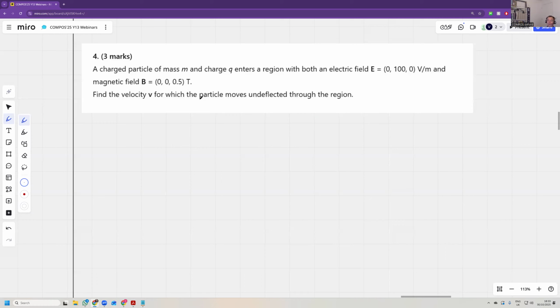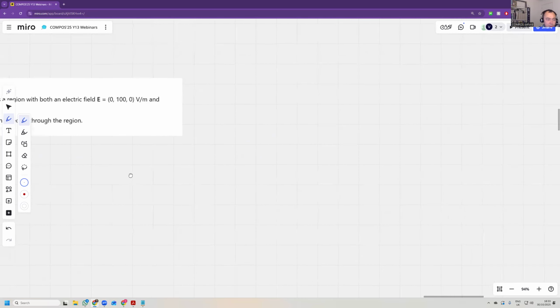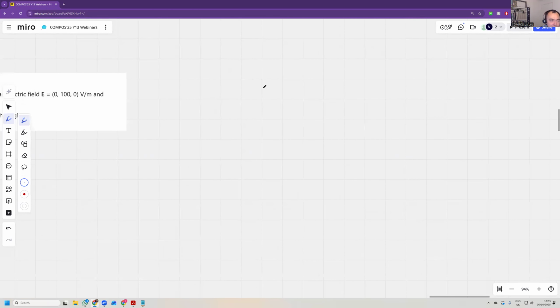Are you familiar with the velocity selector? Do you know what a velocity selector is? Please let me know in the chat. Let me just briefly explain what a velocity selector is.